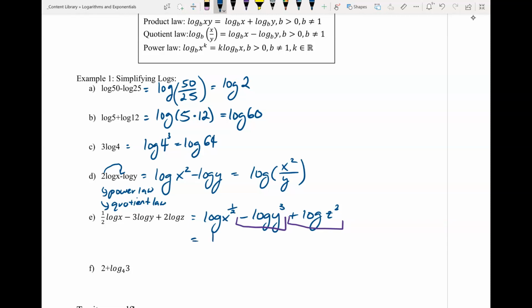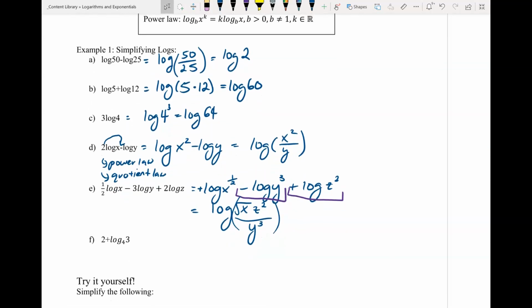So then we're going to have log the x to the power of a half and z squared is going to be in our numerator, and that is because they are both a positive log. There's an invisible plus here in front of your log x to the power of a half. And then because we have a negative in front of our log y to the power 3, we can put that on the bottom. So this would be our final answer.